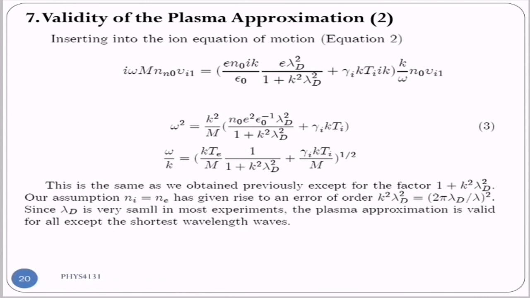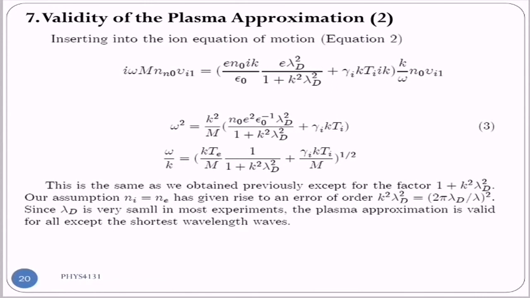If we simplify this expression, then we get omega squared is equal to k squared over capital M n naught e squared over epsilon naught inverse lambda D squared over 1 plus k squared lambda D squared plus gamma i kTi, and further simplifying this we will get the dispersion relation omega over k equal to (kTe over capital M times 1 over 1 plus k squared lambda D squared plus gamma i kTi over capital M) to the power 1 over 2.